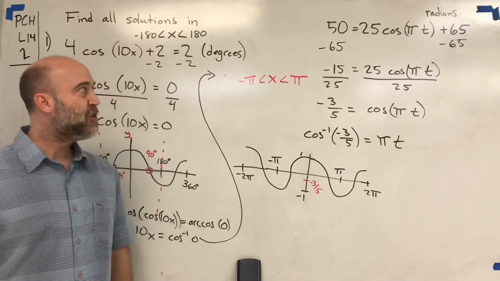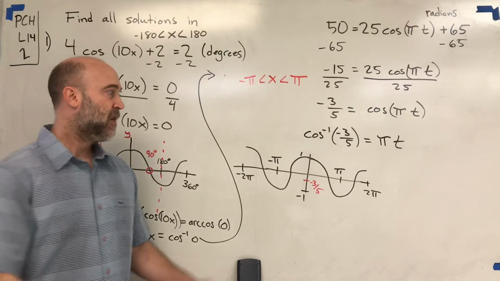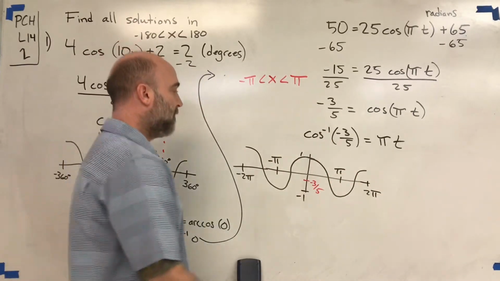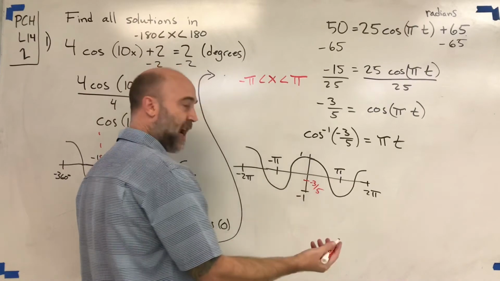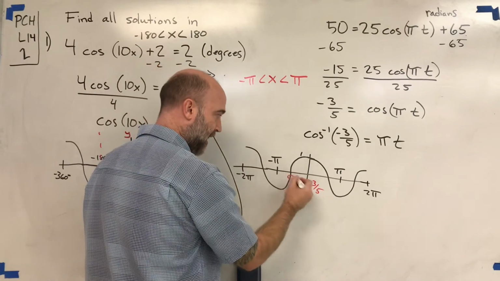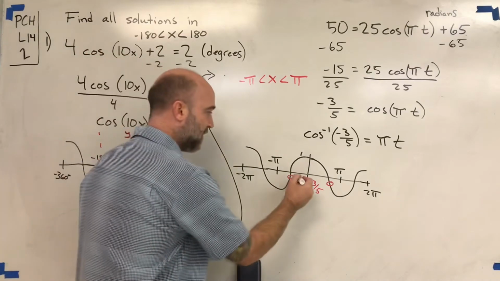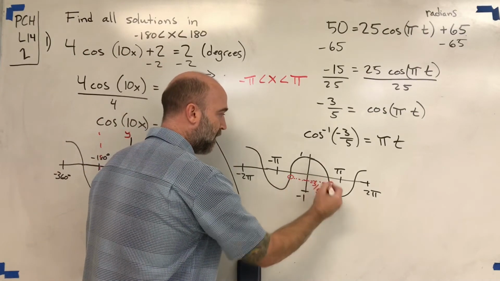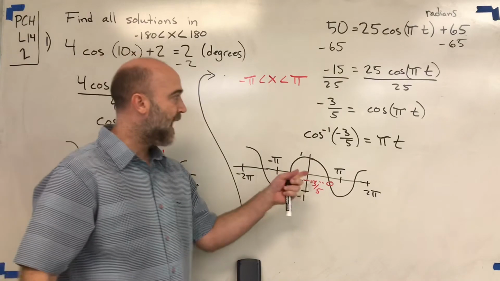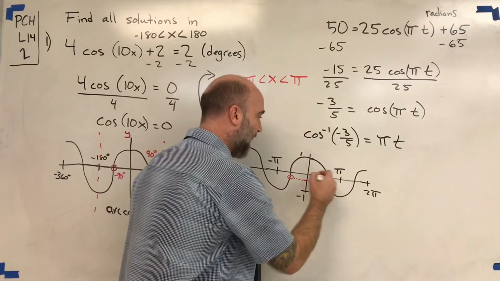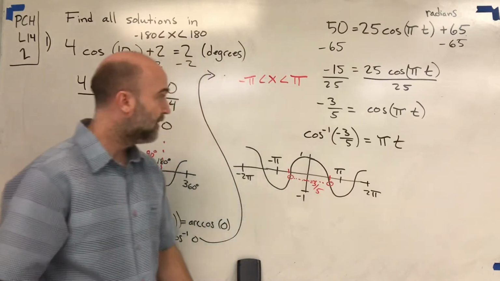That's usually our normal restriction on here. We focus on that interval and then we can repeat it from there on. So in this case, where's our answers at? Right there, right there. So those are the solutions that cosine would have as an inverse, an output. So what is that x and what is that x?